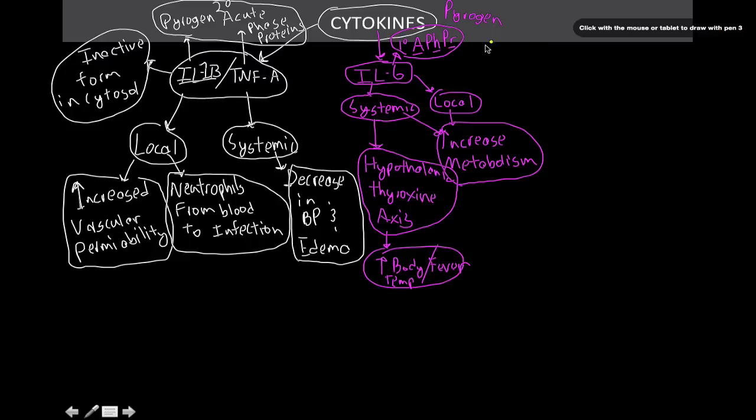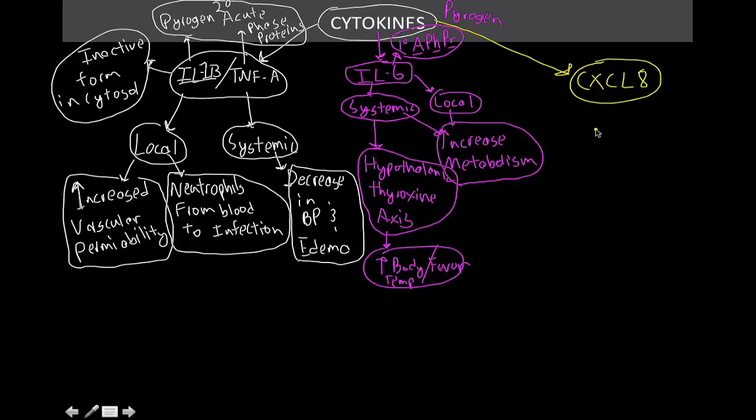The next one, I'm going to do it in gold if I can fit it in here. It is a cytokine known as CXCL8. I prefer to use the term interleukin 8, but our book for some reason doesn't do that. The effects of this, it's not really so much the systemic and local effects, so much as that it really is just a chemokine for neutrophils, for phagocytes.